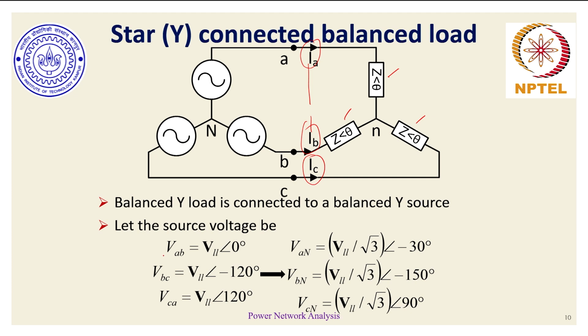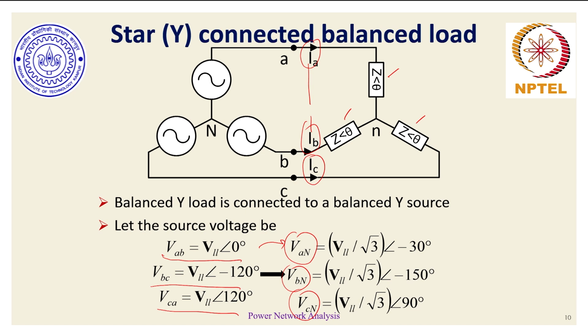If I choose line-to-line voltages as the reference for phasor diagrams, then from there I can reverse track and find the corresponding phase voltages, which is 1 by root 3 times the line-to-line voltage, and it is lagging the corresponding line-to-line voltage by 30 degrees.